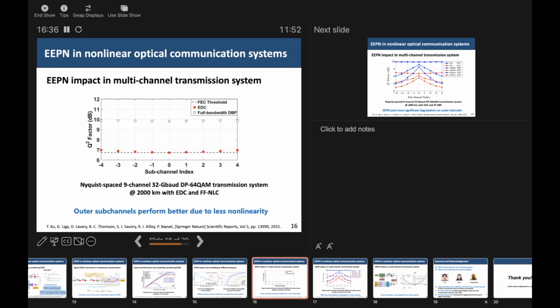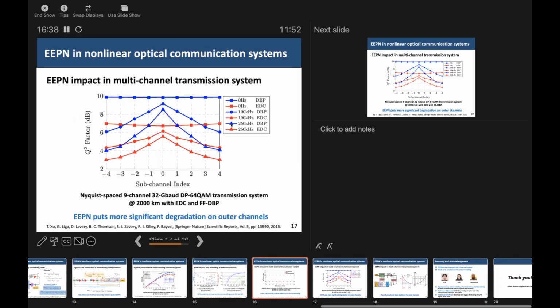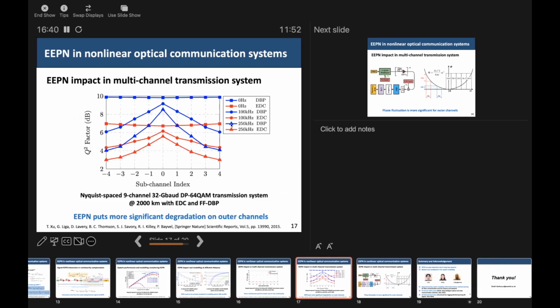But if we look at the performance of different channels, an interesting phenomenon shows that the central channel gives the best performance compared to the side channels or outer channels. So this shows the equalization enhanced phase noise puts more significant degradation on outer channels when they have the full or huge bandwidth nonlinearity compensation.